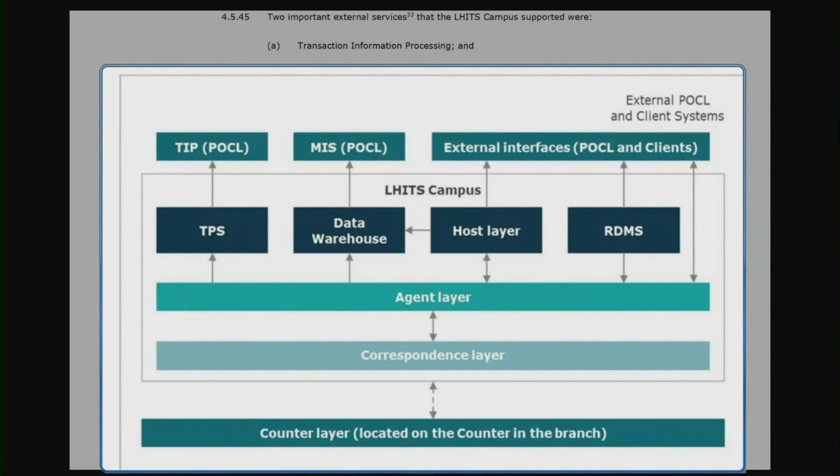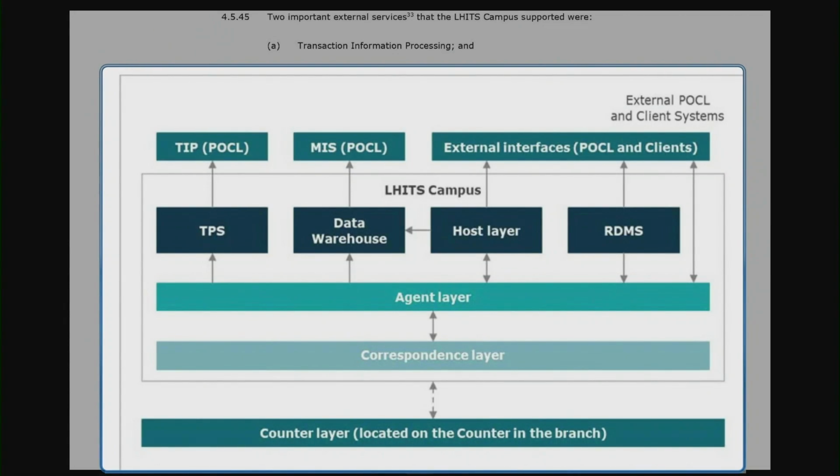That layer is the layer responsible for receiving the information into the campuses, as well as pushing the information from the campuses back down to the counters. So that's essentially the next layer up. The correspondence layer is the communications of the network. Is that right? It's the piece of the campus that communicates with the counters.